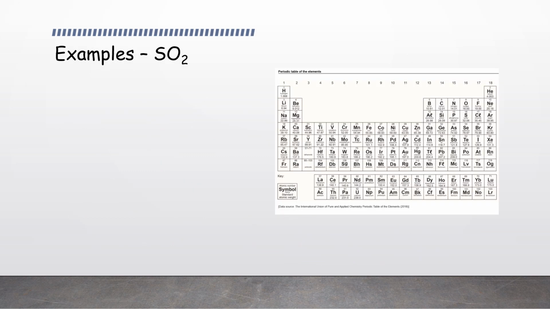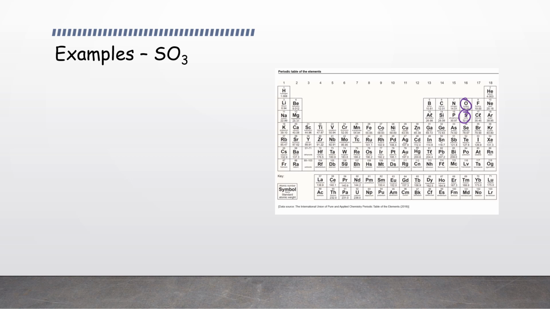So let's do some examples. So with sulfur dioxide, you find the two elements on the periodic table, and there they are. So sulfur is written first because it's further down, and oxide, and we put di in because there's two oxygens. Next one, find the two elements on the periodic table.